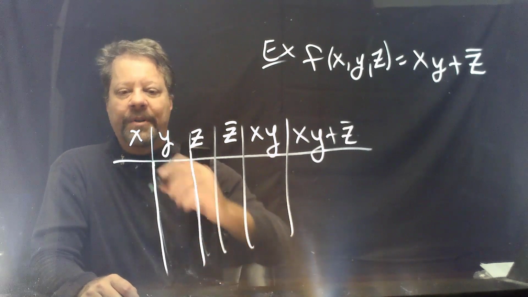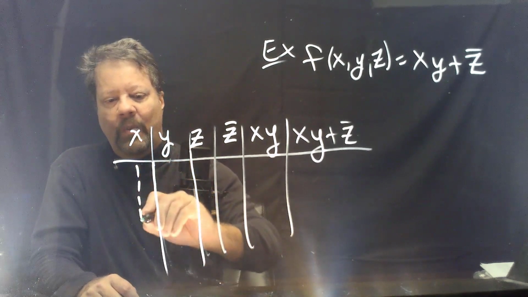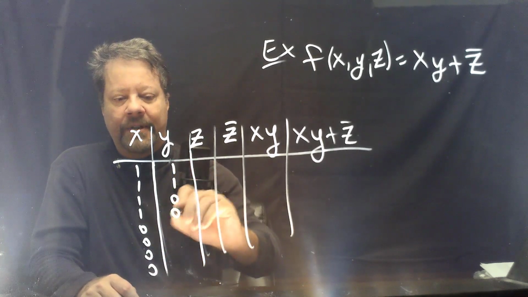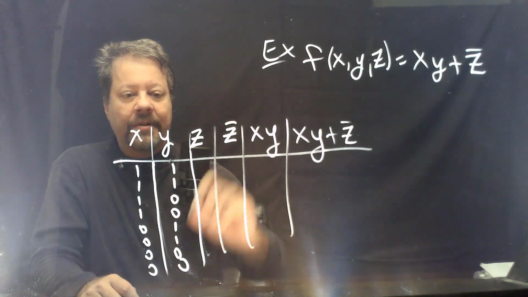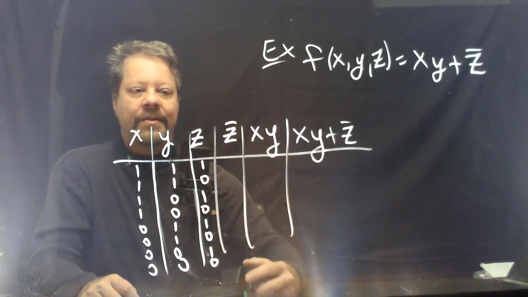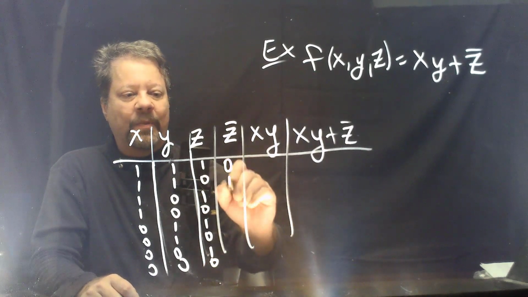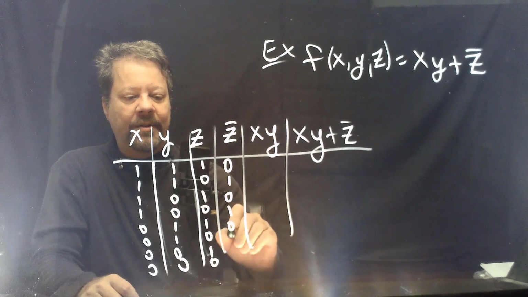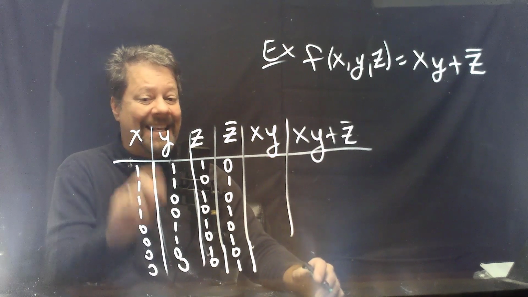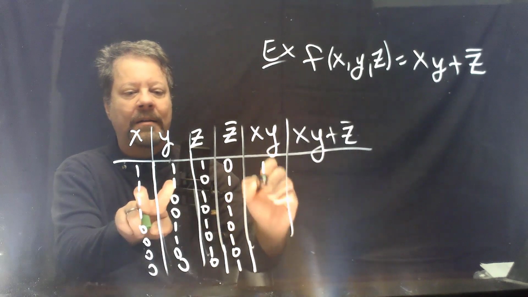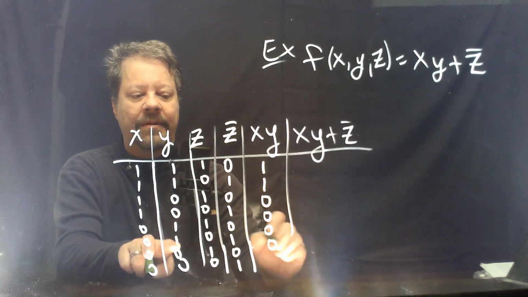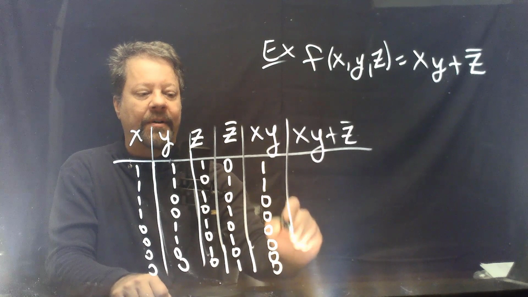Since there are 3 variables, we'll have 1, 1, 1, 1, 0, 0, 0, 0. 1, 1, 0, 0, 1, 1, 0, 0, 1, 0, 1, 0, 1, 0, 1, 0. Z complement will be 0, 1, 0, 1, 0, 1, 0, 1. X times y is the AND statement, so you'll get 1, 1, 0, 0, 0, 0, 0, and 0.